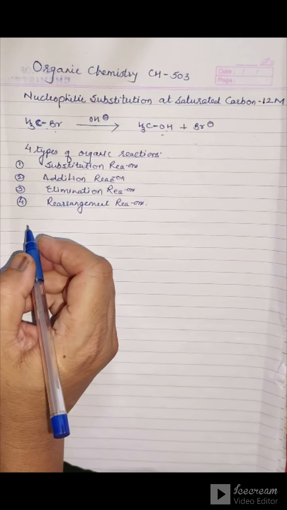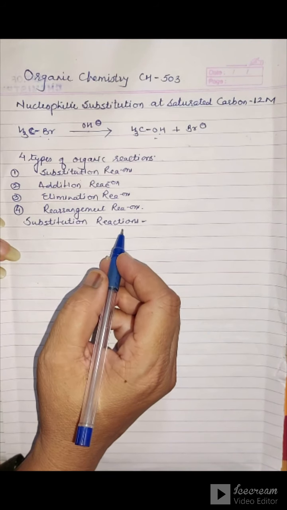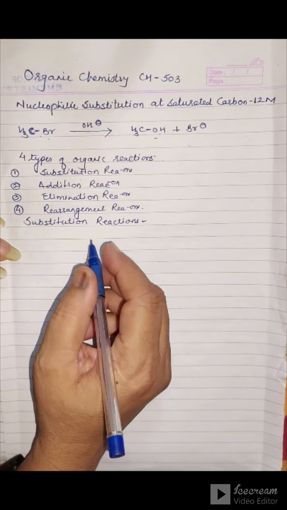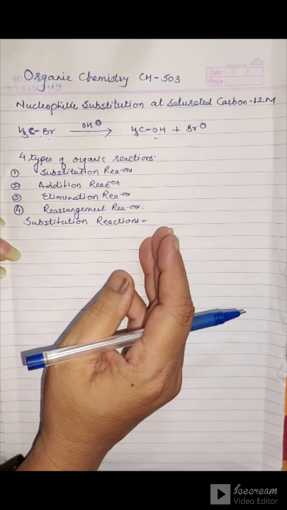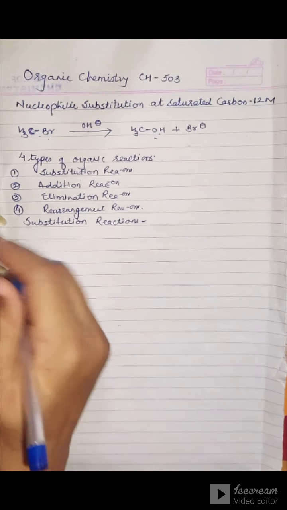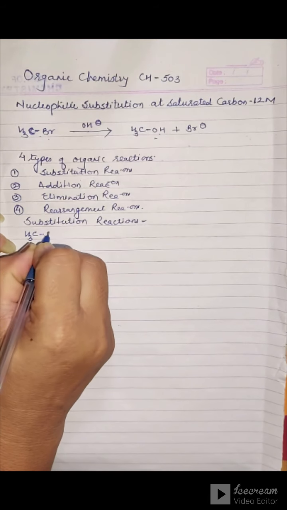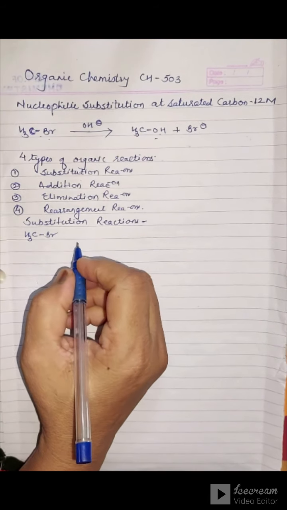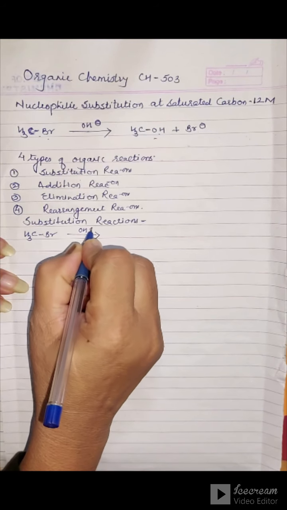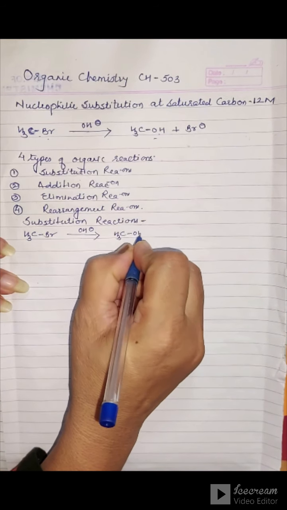Now we will start substitution reactions. Substitution reactions are single displacement reactions. In these reactions, one functional group in a chemical compound is replaced by another functional group. Let's see example. Suppose we have CH3Br, methyl bromide. When this methyl bromide is hydrolyzed, it will convert into CH3OH, methanol.